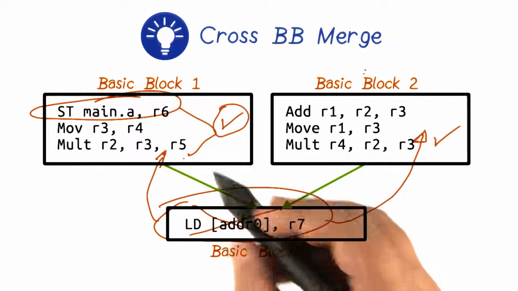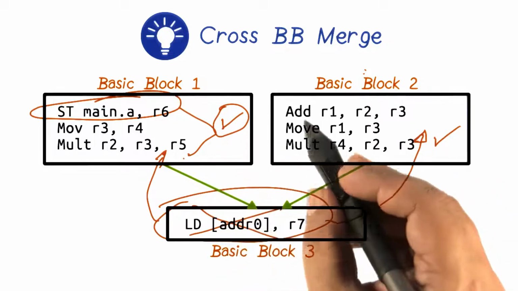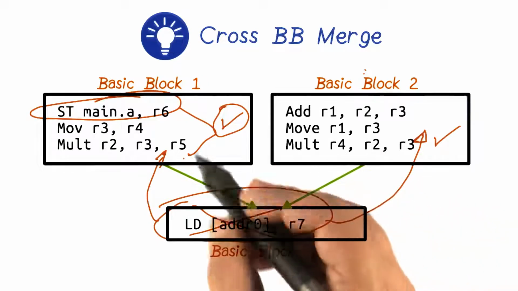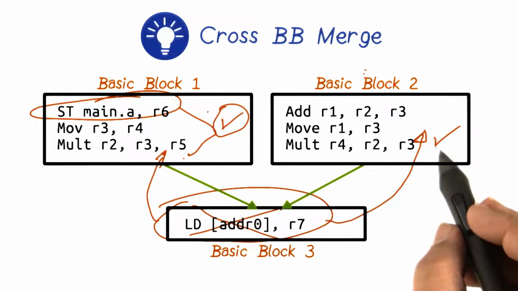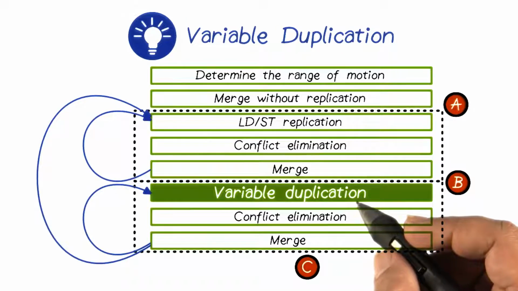Thus, by replicating the load in a reverse EBB, extended basic block, sense, we are able to create a parallel load store here and just leave the load as it is on this side. Now let us look at an example of variable duplication.